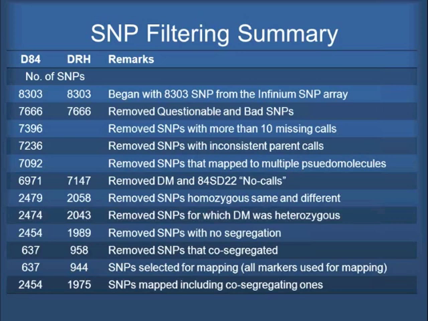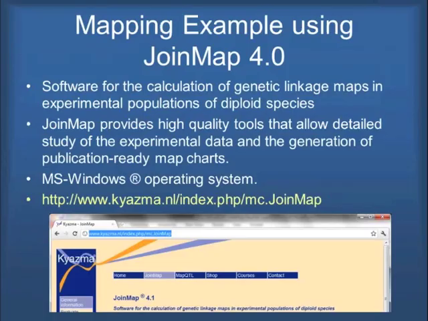But when we did the linkage analysis of those, only 637 in the DM by 84, and only 958 in the DM by RH were unique, or segregated uniquely, okay? And so those were then selected for generating the map, but then we can add those back in for the final map, okay?